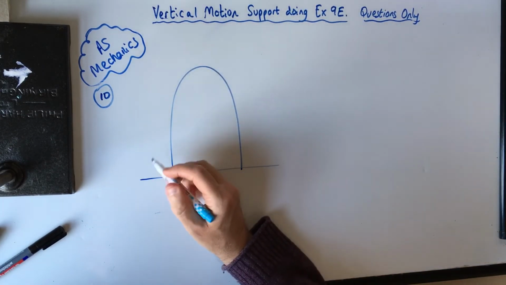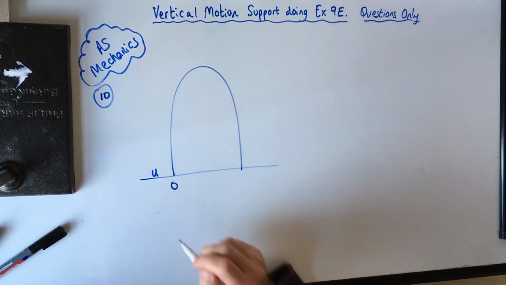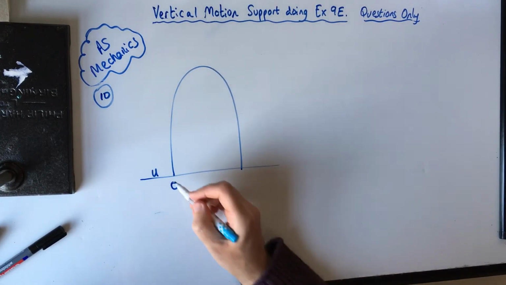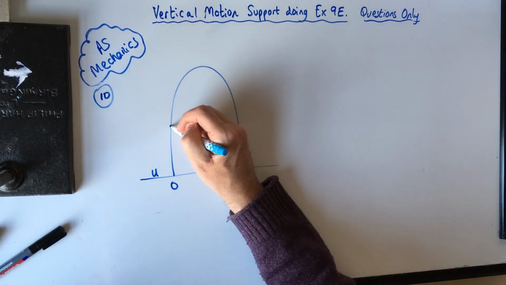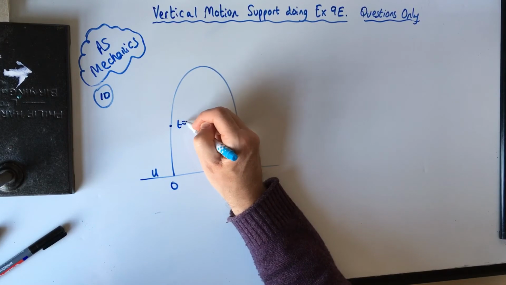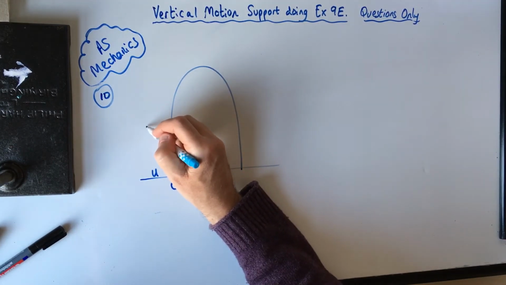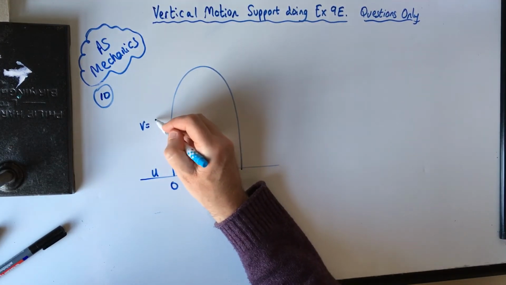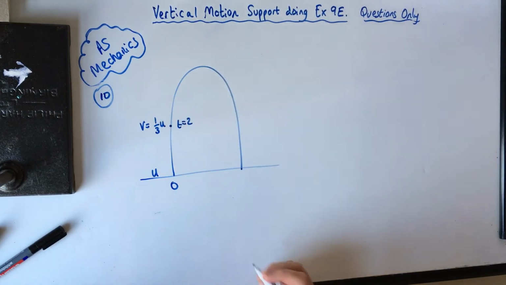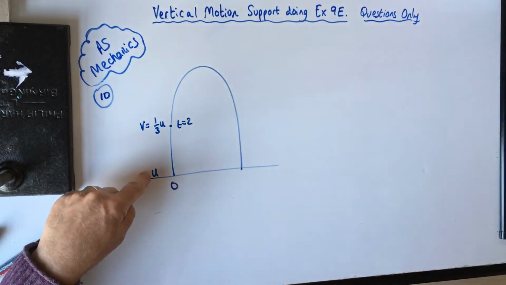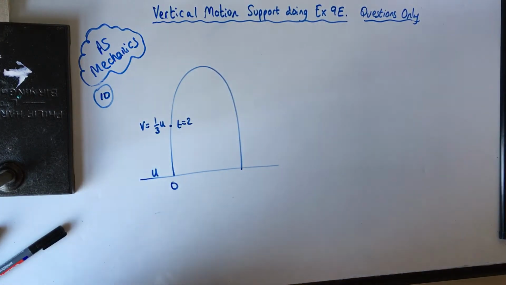And it's saying that at the bottom the speed is u. And then after 2 seconds, so t is equal to 2, the velocity here is a third of u. So it's a third of the speed that it takes off with, after 2 seconds. Find the value of u.